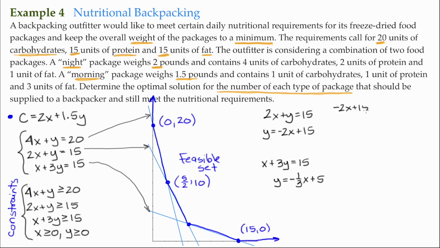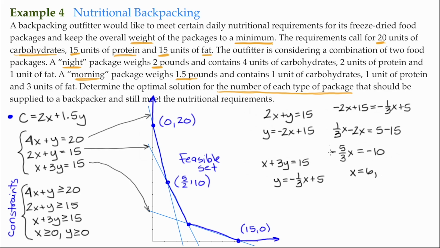Negative 2x plus 15, that's going to equal negative 1/3 x plus 5. We can add 1/3 x to either side and subtract 15 from either side. That'll give us 1/3 x minus 2x, that's going to be equal to 5 minus 15. 1/3 x minus 2x, that's negative 5/3 x. 5 minus 15, that's negative 10. x has got to be equal to 6.